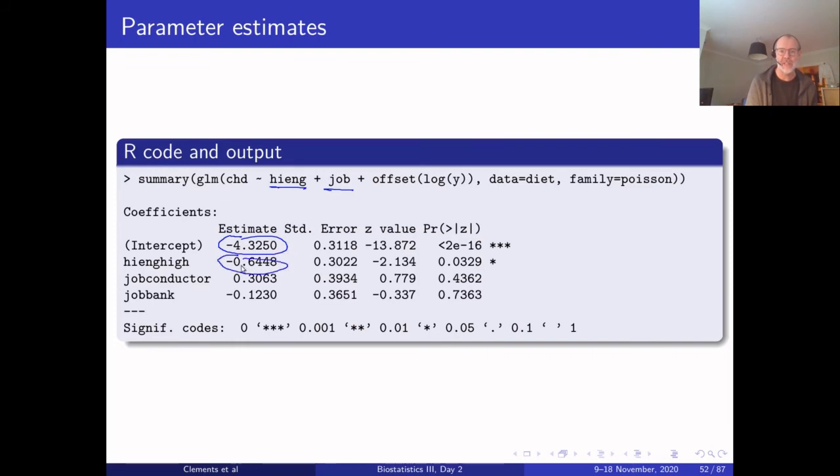That's the log incidence rate ratio for high energy compared with low, log incidence rate ratio for drivers compared with conductors, and log incidence rate ratio for bank workers compared with drivers. Again, that's significant and that's significant, but these effects are not.